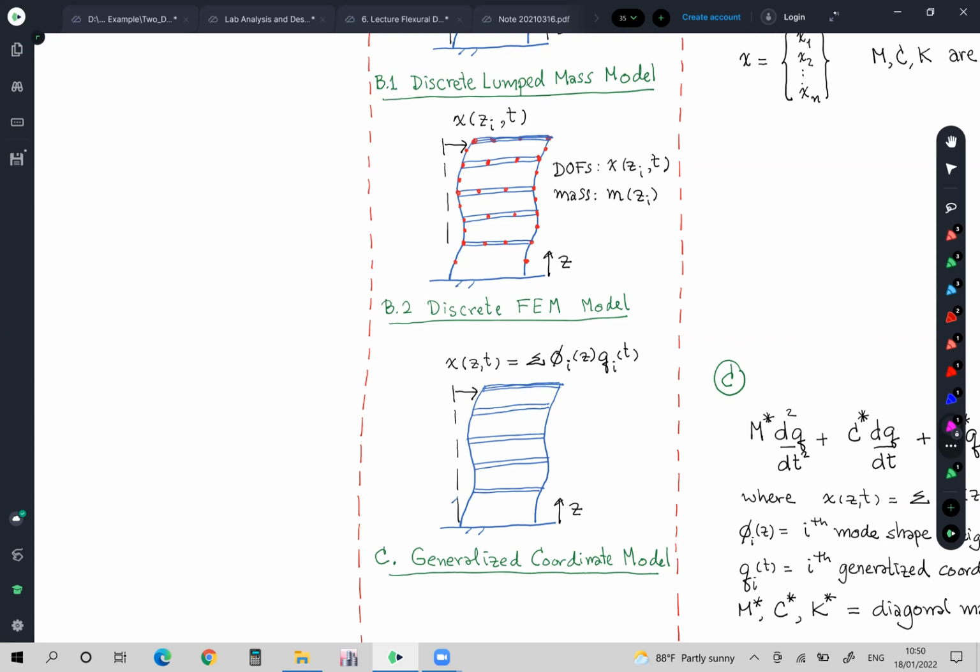If you have learned about the techniques used to solve partial differential equations, one of the popular techniques is the separation of variables. The same thing here: on the right-hand side of the equation you see that X as a function of Z and T can be represented by a summation of Phi_i of Z multiplied by q_i of T. This is a big assumption, but it is quite well accepted.